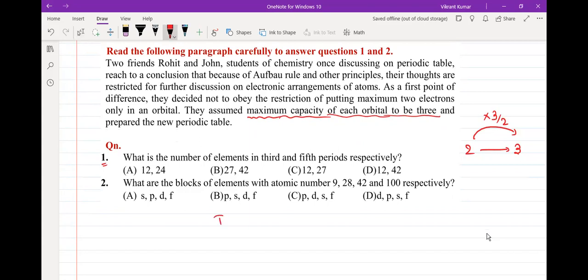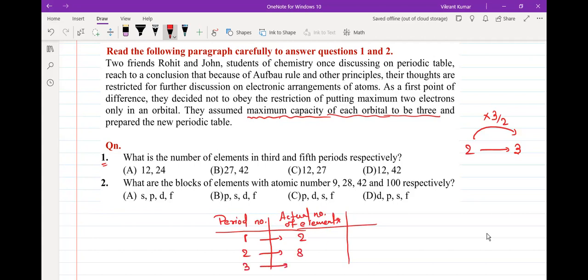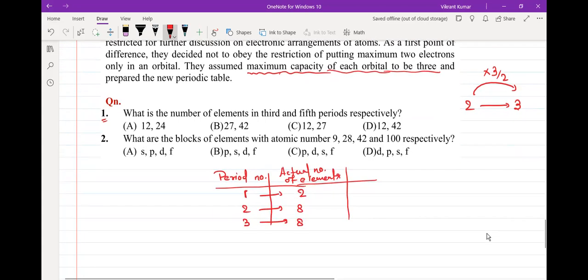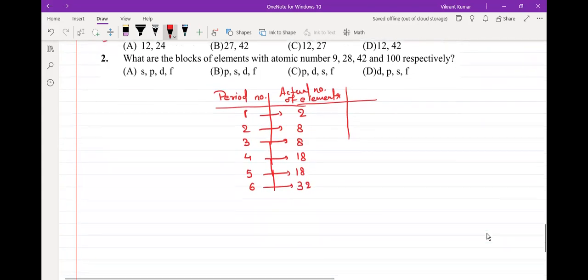So if I talk about the period number and the actual number of elements: the first period was having 2 elements, the second was having 8, the third was also having 8, the fourth was having 18, the fifth was having 18, the sixth is having 32, and the seventh is having 32.